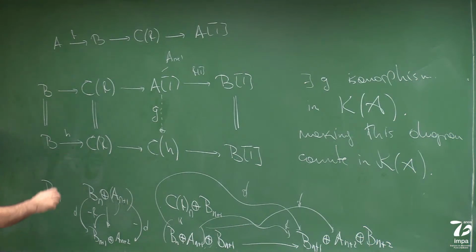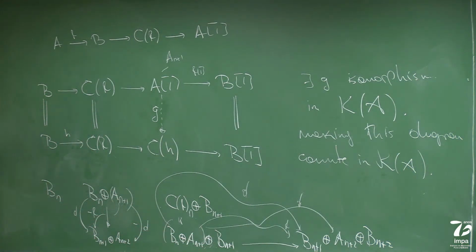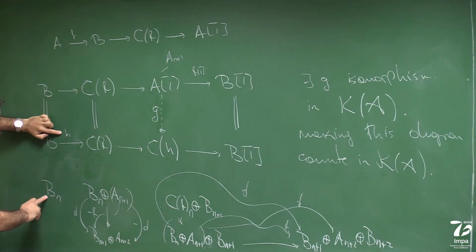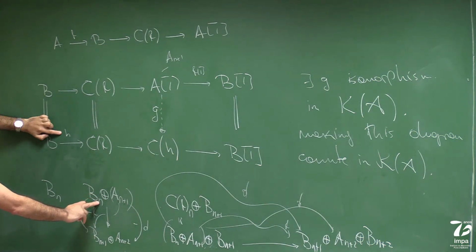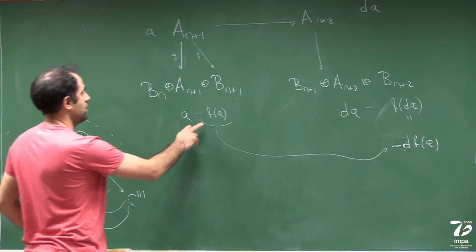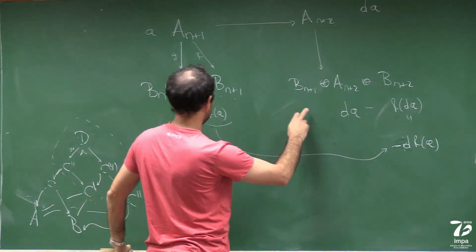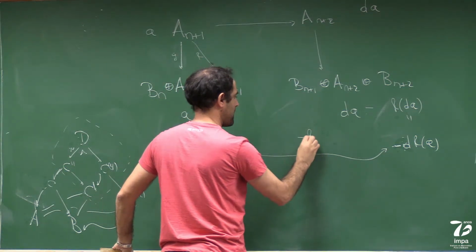So I'm looking at H of this d of minus F of A. Okay, what is this H? Well, this is the map from Bn plus 1 to Bn plus 1 plus An plus 1, which is just the inclusion of Bn. So this thing here maps to this thing here by just the inclusion, which is minus Fa.